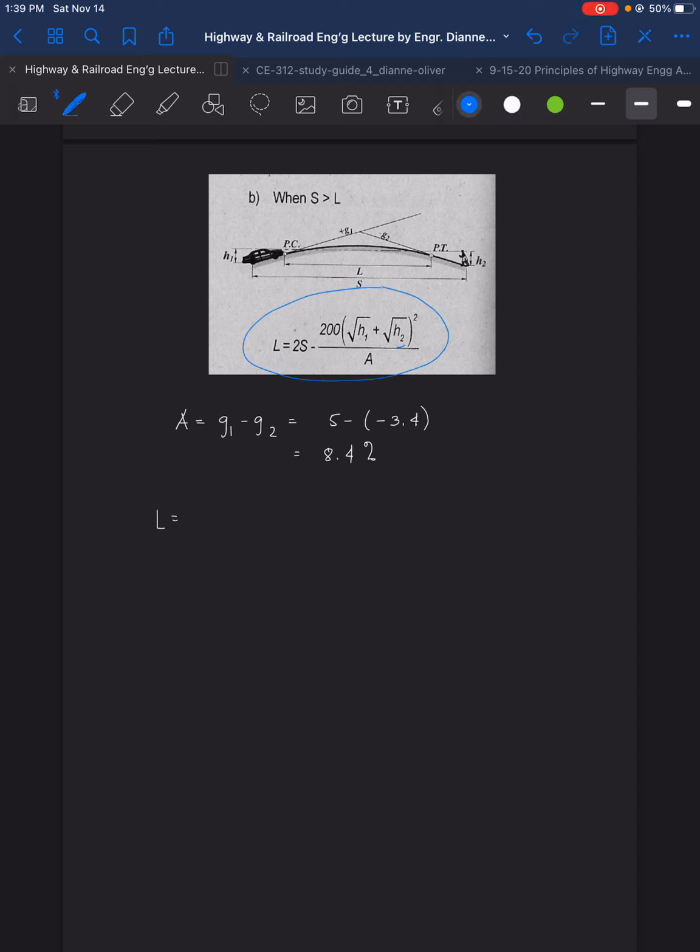Next, using the formula, we have L equal to 2S minus 200 times the square root of H1 plus the square root of H2, squared, over A. Let's use that.